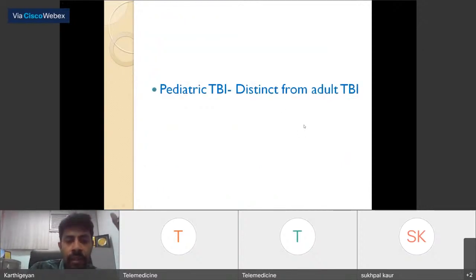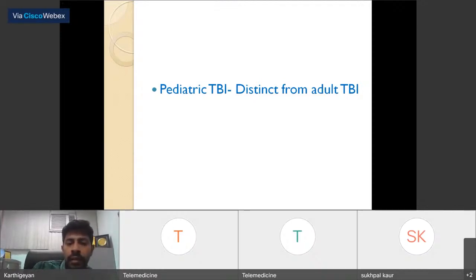Children's head injuries are not the same as adults. Children are not little adults. There are certain anatomic and physiological features which distinguish them from adults, and so they are considered a special subset. How are they different?